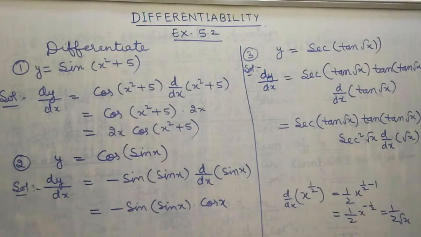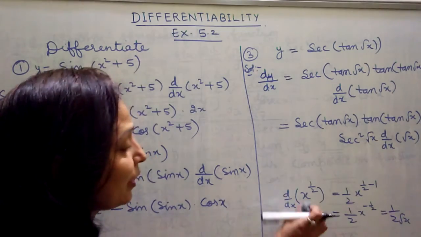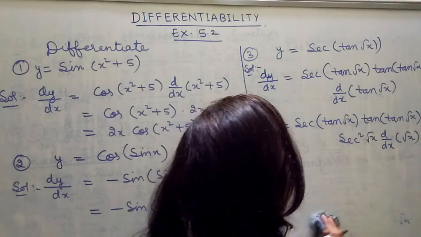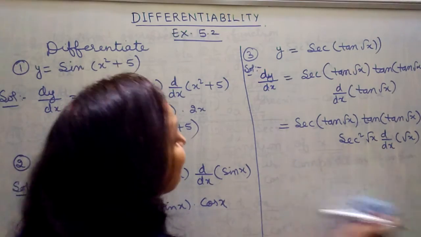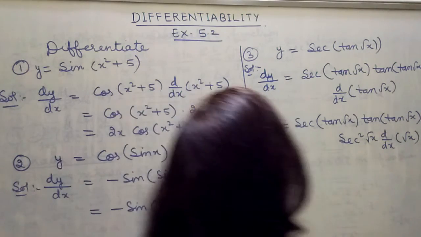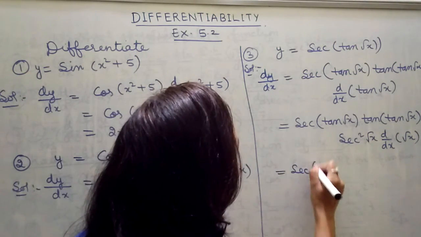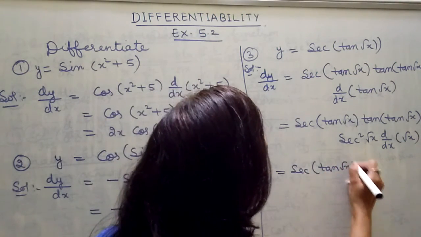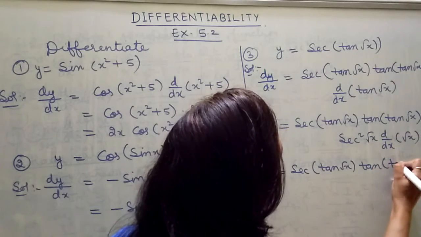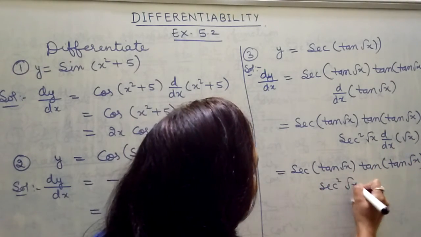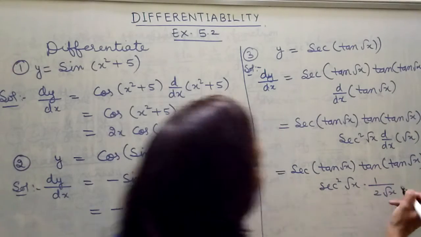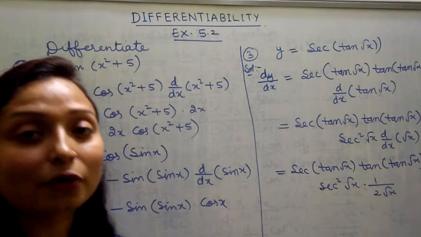This is the way to solve under-root derivatives. So the answer is secant of tan root x, tan of tan root x, secant square root x, and its derivative is 1 upon 2 root x. So this is the way to solve the question.